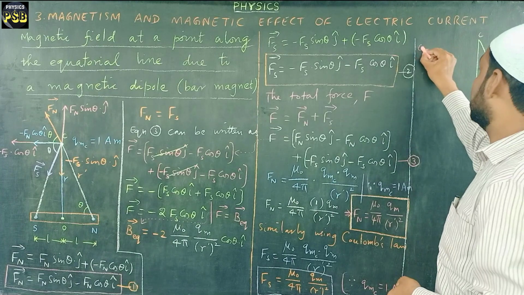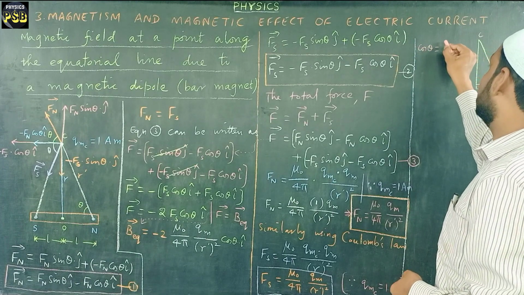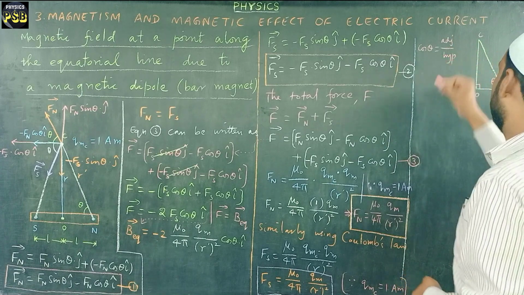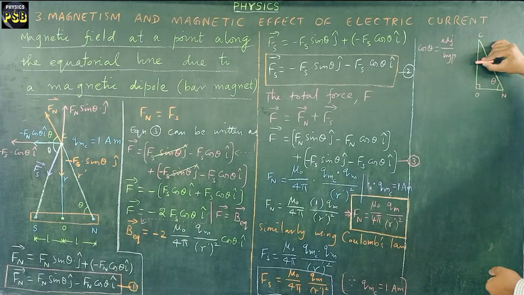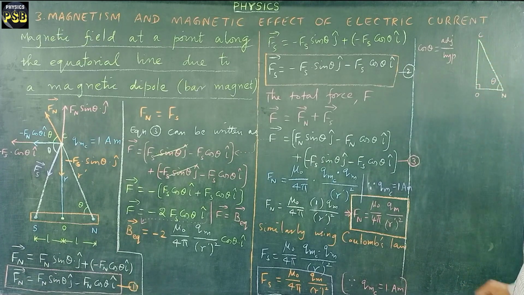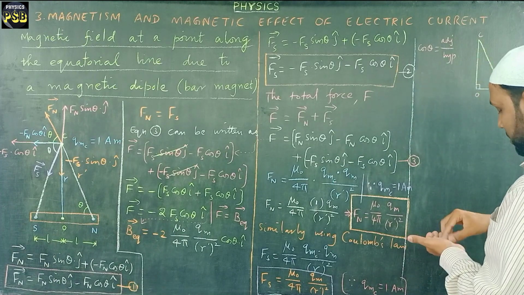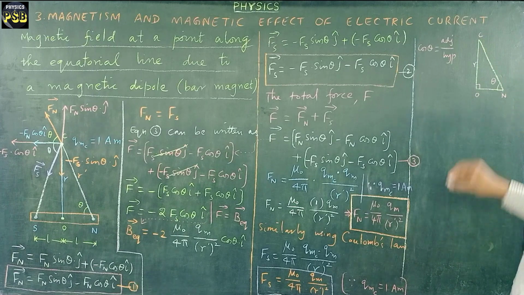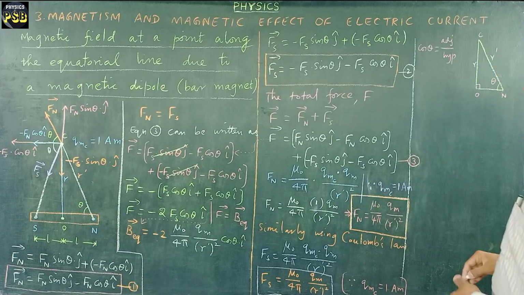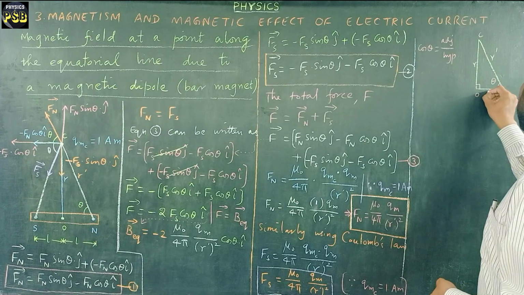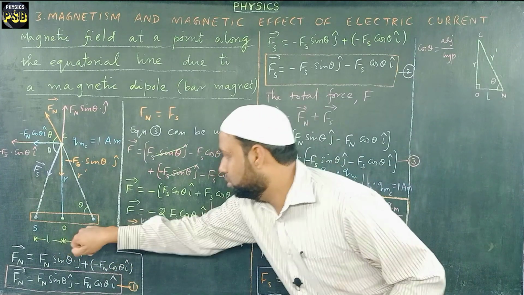Now cos theta is equal to adjacent side by hypotenuse. In this case, this is the opposite side and its value is r, the value of hypotenuse is r dash, and the value of OM is nothing but L from the diagram.